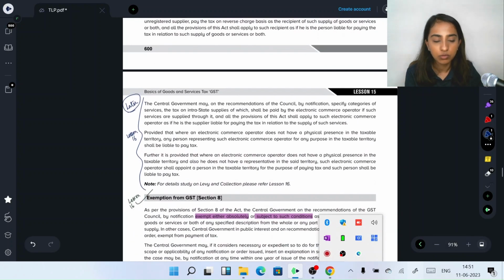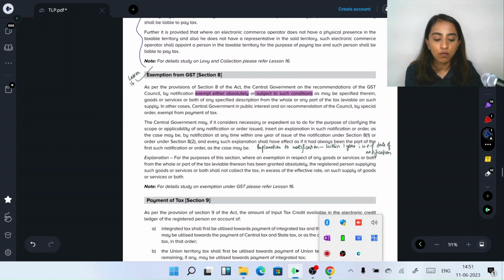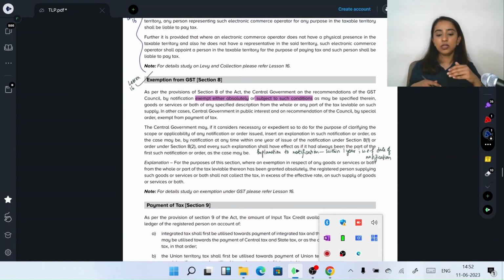Okay, how? On the recommendations of the council. Now all this is again, who is an electronic commerce operator, where should he take registration, and all of that, again we'll be studying later in chapter 16. Nothing to worry. What is exemption from GST? Either you can have full exemption of GST, or if you satisfy certain conditions, then you'll get certain exemptions.